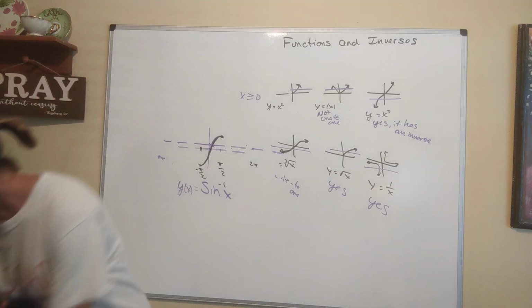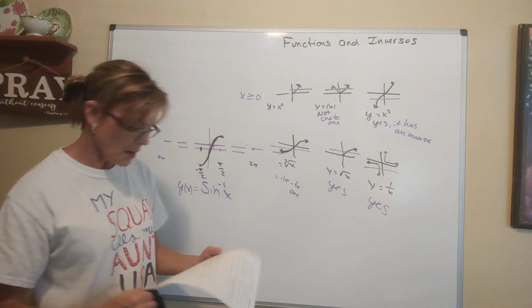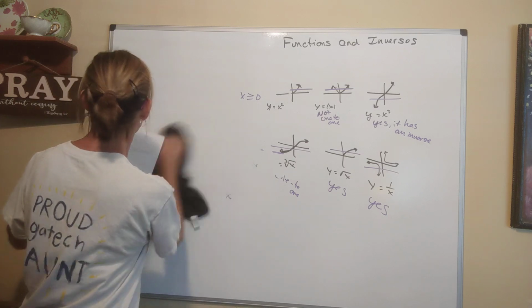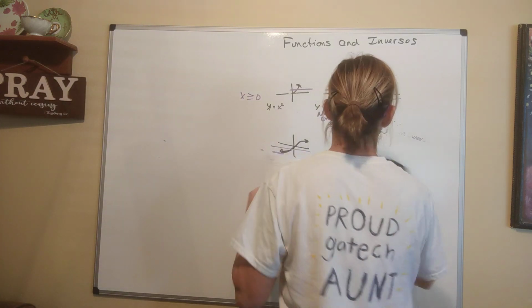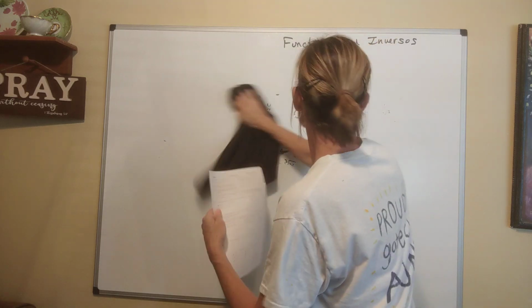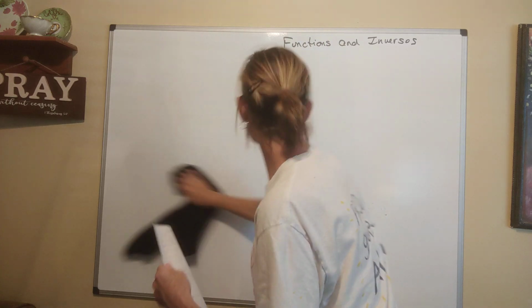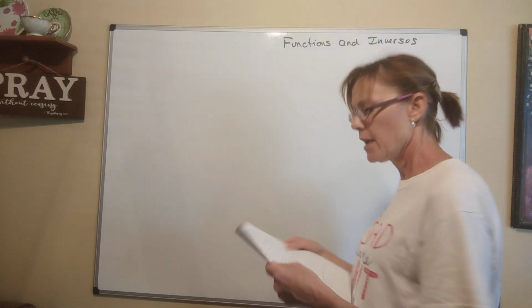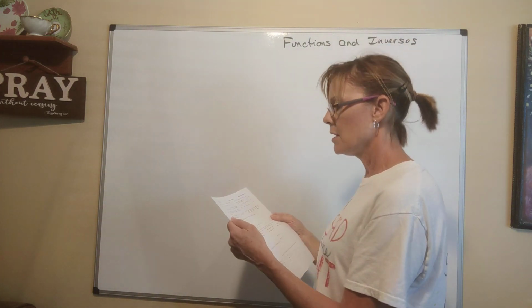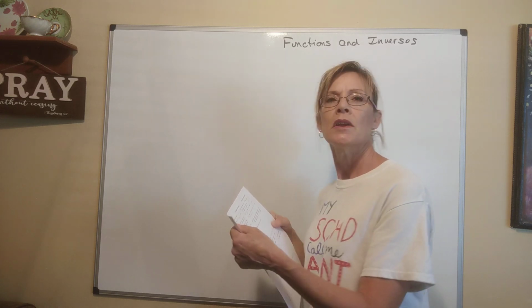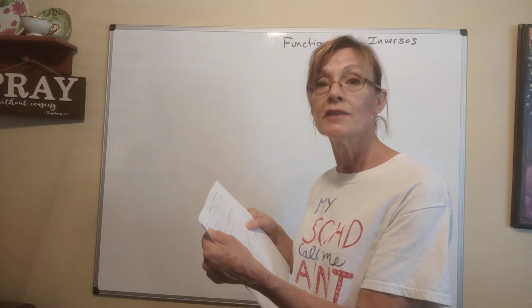So on your worksheet, we have some things to answer, and we can answer a lot of these blanks pretty quickly because of the last video we talked about. If you look at the last video, it's going to help you answer 27 through 36. For a function to have an inverse, it must be, and what you would put right there is one-to-one.